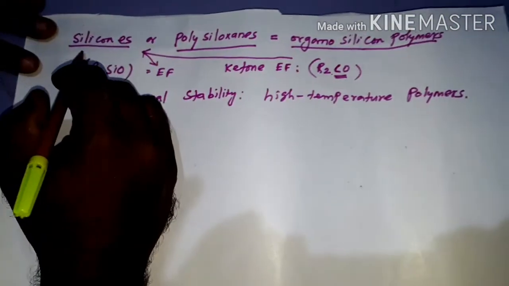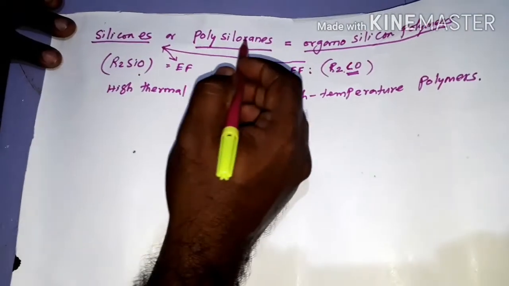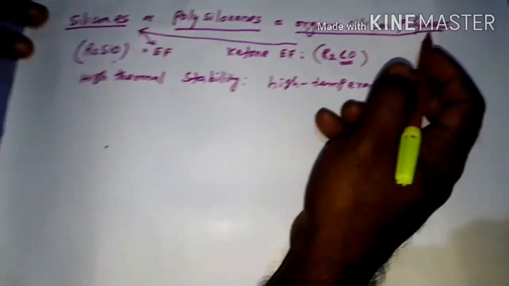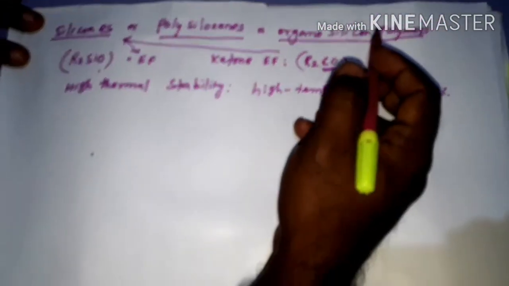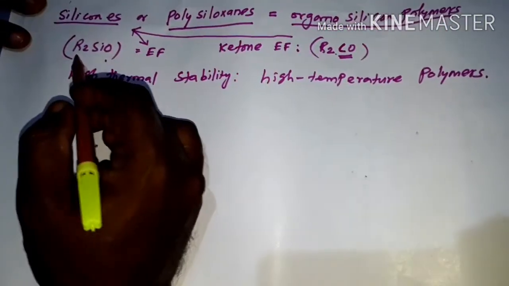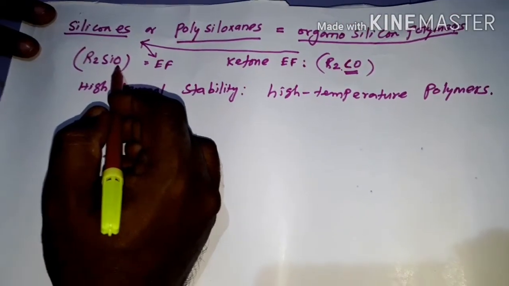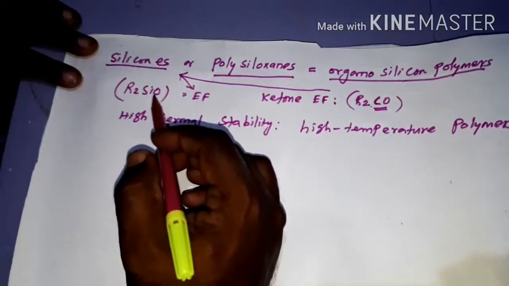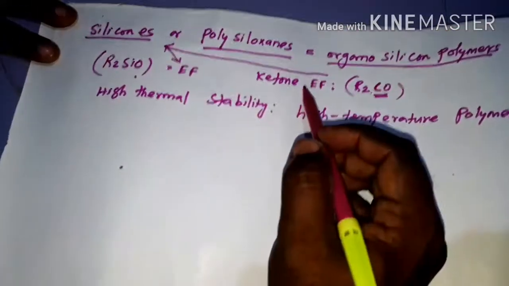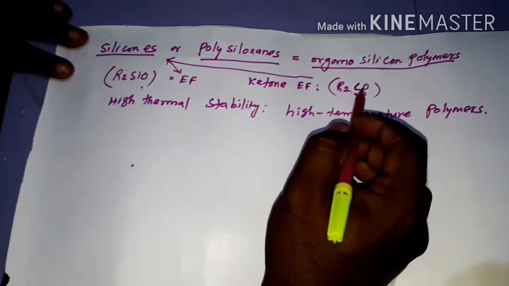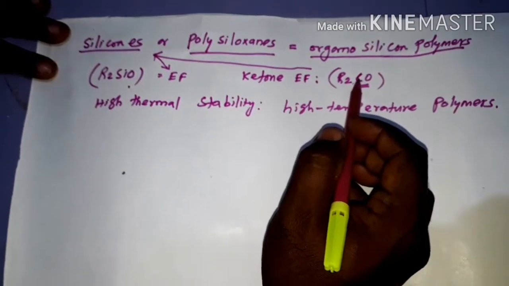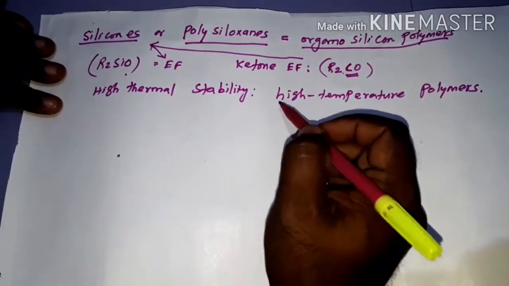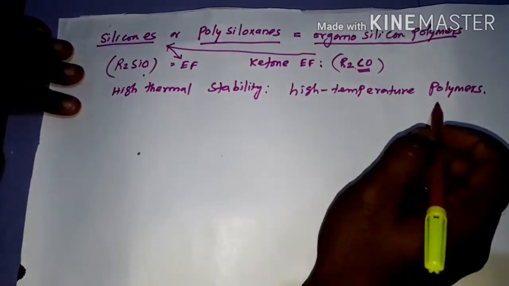So silicones, or polysiloxanes, are organosilicon polymers. The general empirical formula is R2SiO, the same as the ketone R2CO, so they are named silicones. And they have high thermal stability, so they are called high temperature polymers.